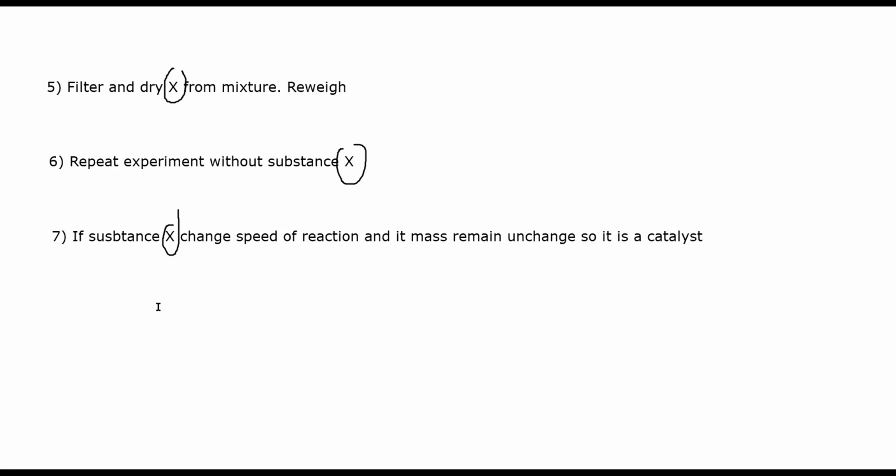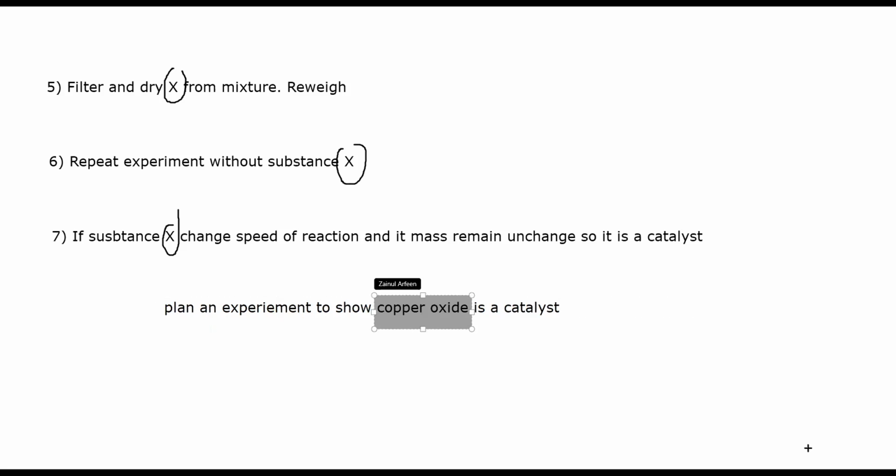So if the question was plan an experiment to show manganese(IV) oxide or copper oxide or copper(II) oxide is a catalyst, the same question, all the parts, in place of X, I will replace with copper oxide. That's it.